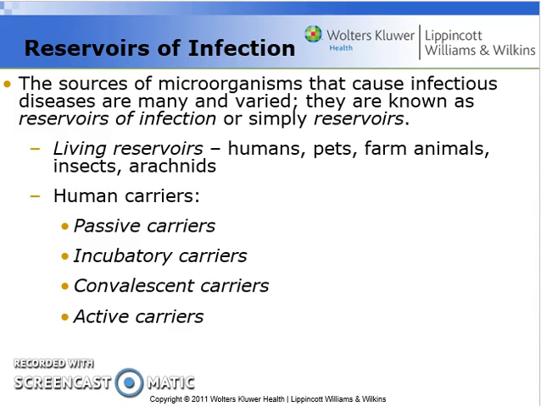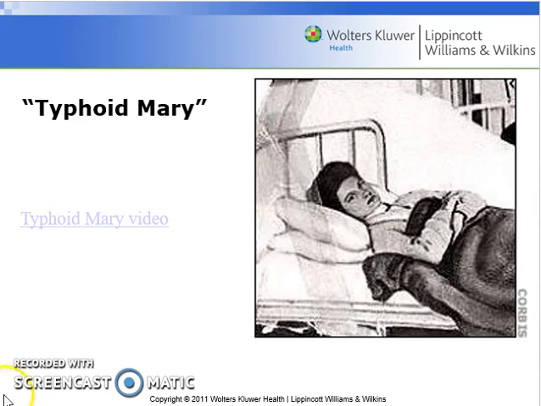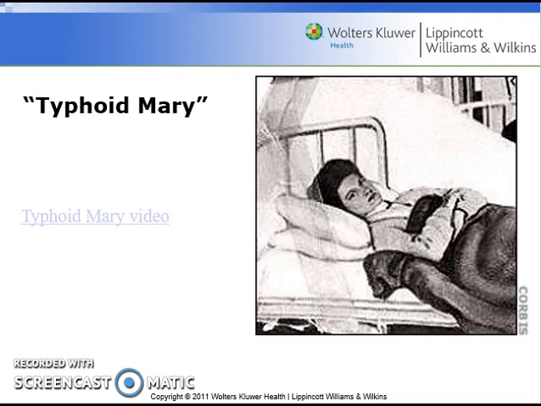One of the most interesting stories that I think really highlights the significance of carriers is the story of Typhoid Mary. It's kind of a long story. Mary Mallon was an immigrant from Ireland, and she moved to the United States and served as a cook in the early 1900s, primarily in New York.